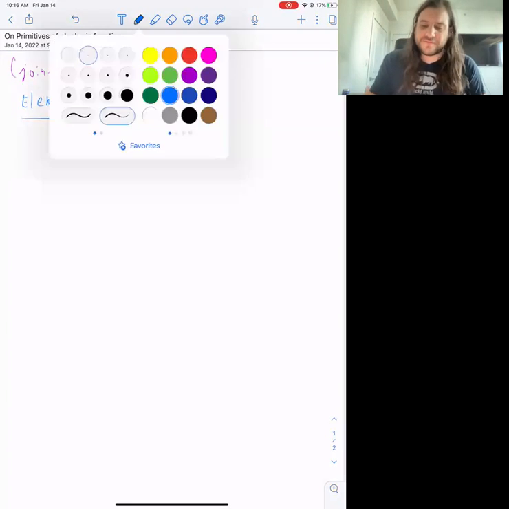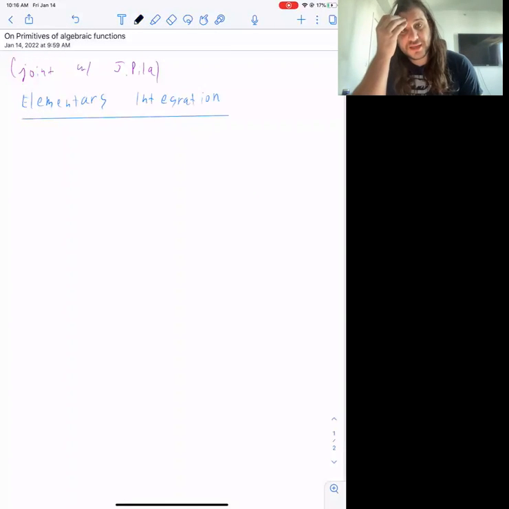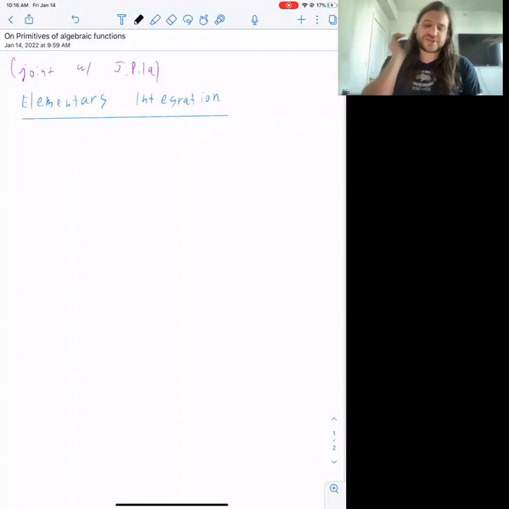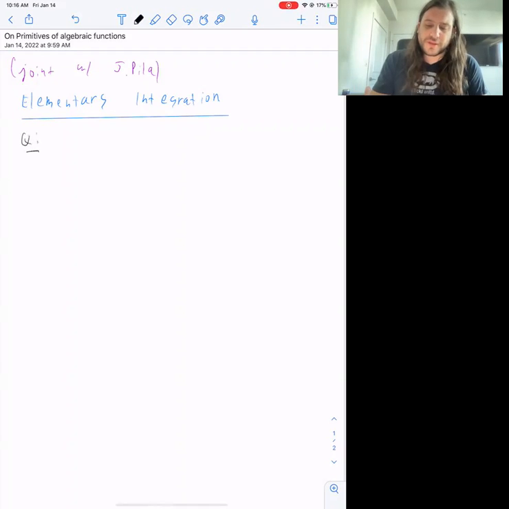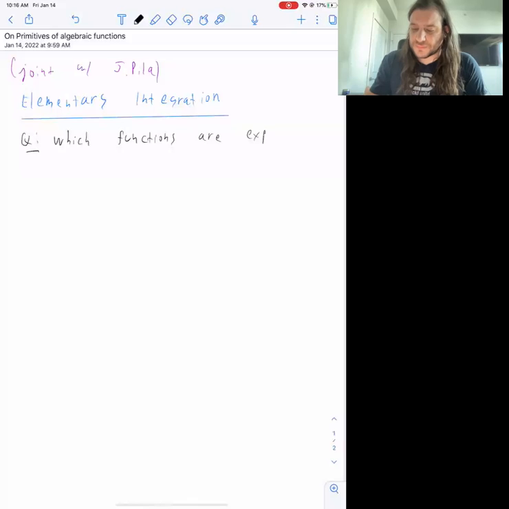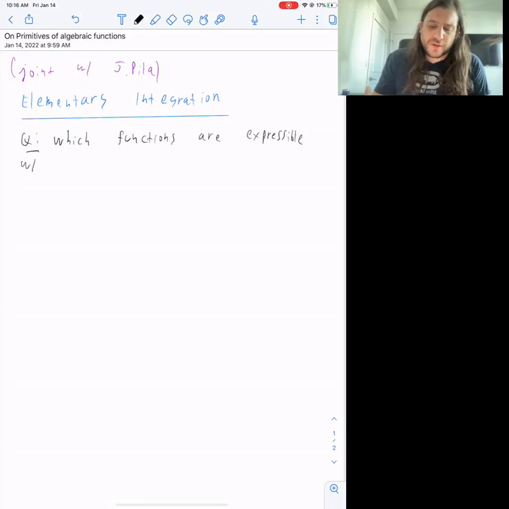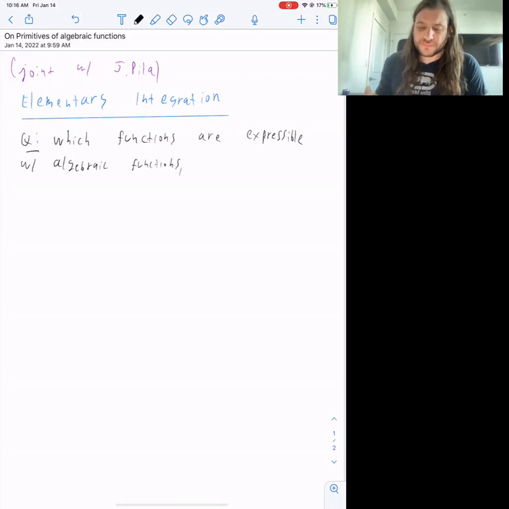And the fundamental question that elementary integration tries to answer is which functions can be expressible by taking algebraic functions and also allowing exp and log.